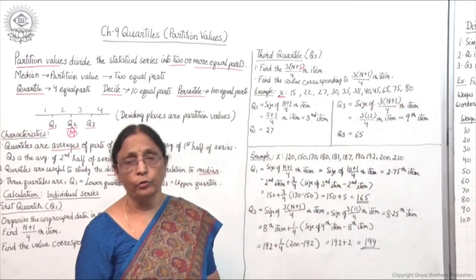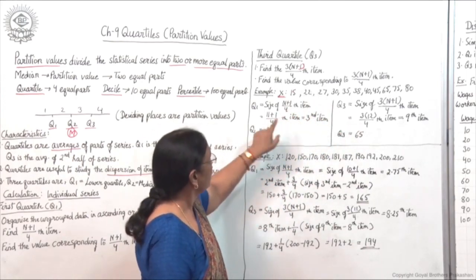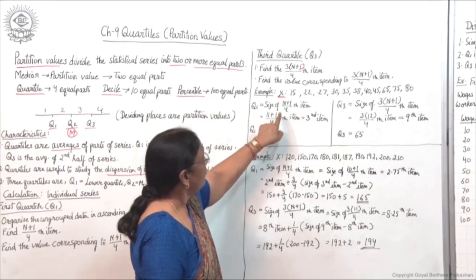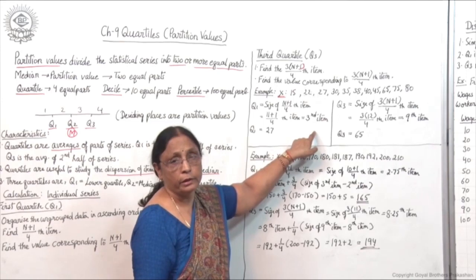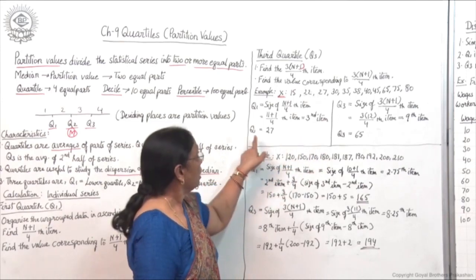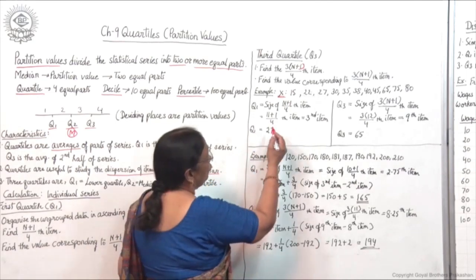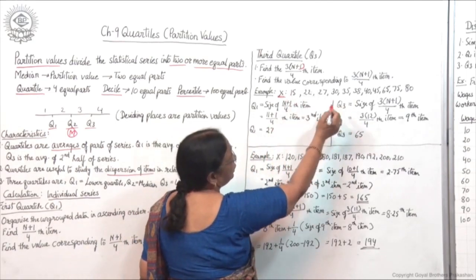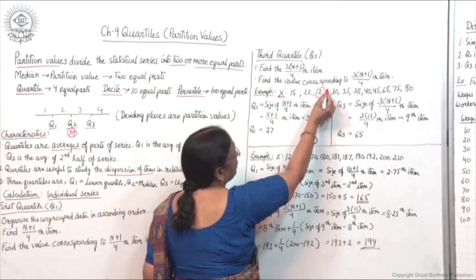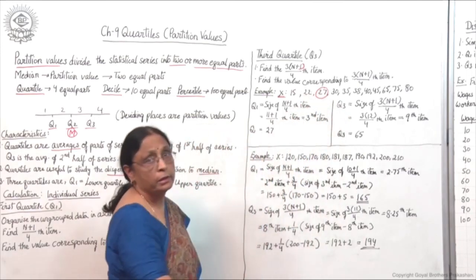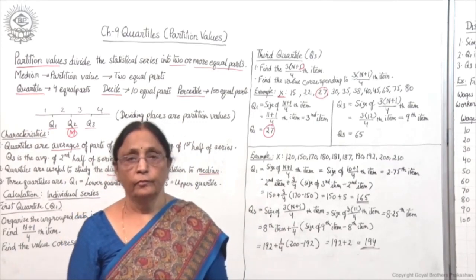You just have to count, and the series has 11 items. So 11 plus 1 upon 4th item, that is 12 upon 4, that is the third item. Now the third item is Q1 here. Find the third item in the series in ascending order. This is 1, 2 and 3, 27. So Q1 is 27. Clear?